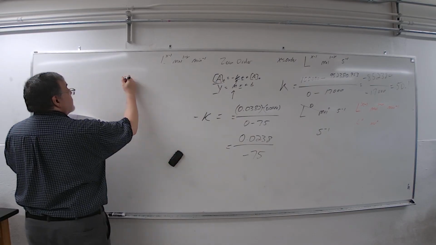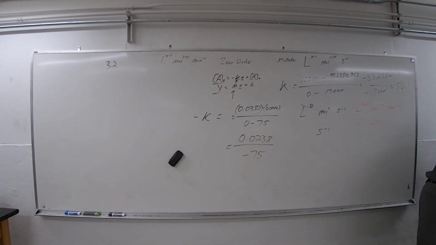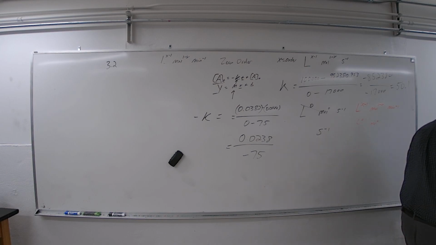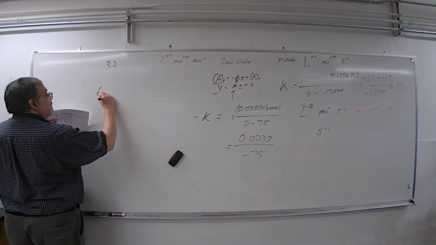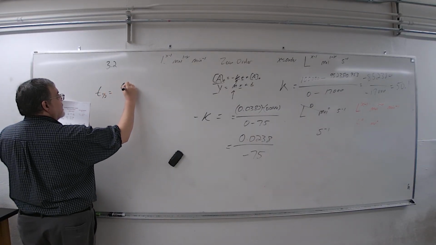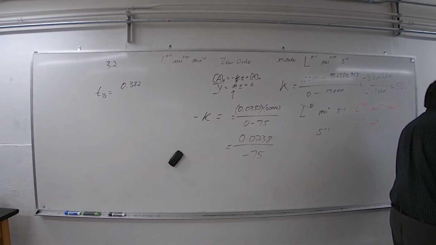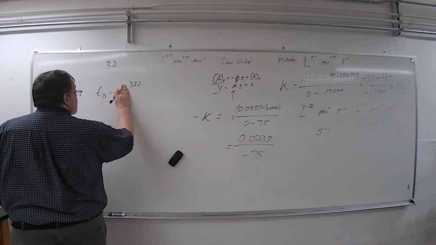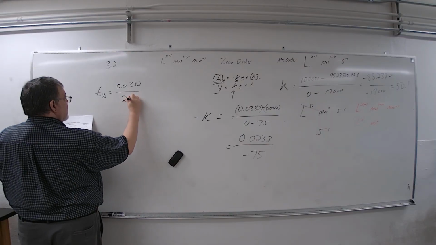What did we get? 3.2. Is that what we got? My answer might be wrong here if I do 10 to the negative 4. 3.2. Initial concentration is 0.382, divided by 2k.